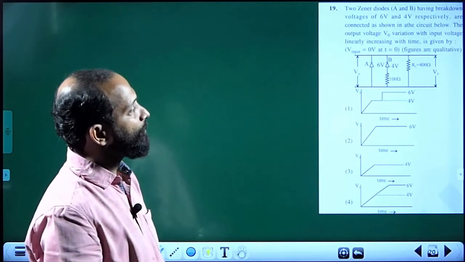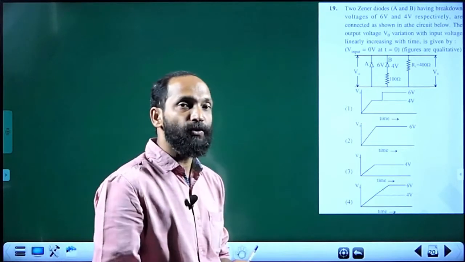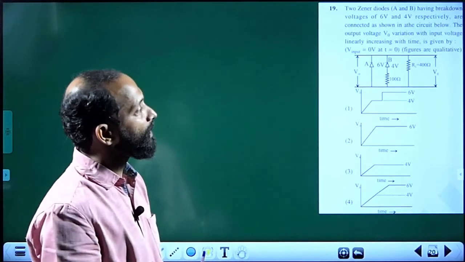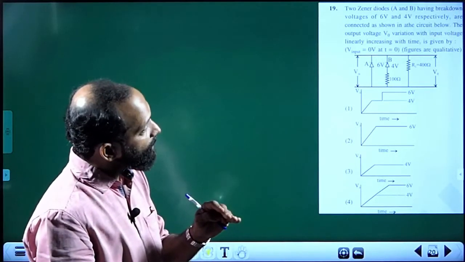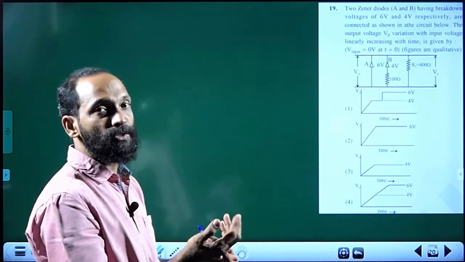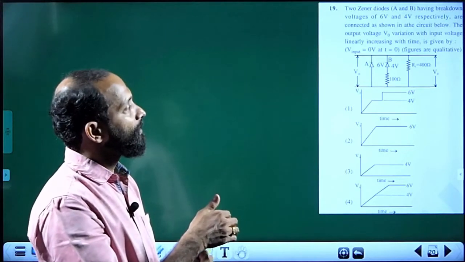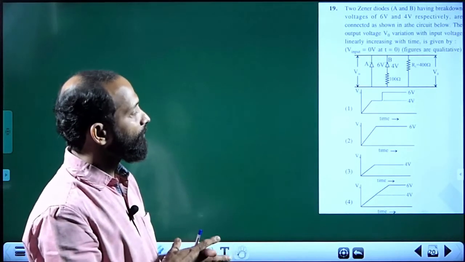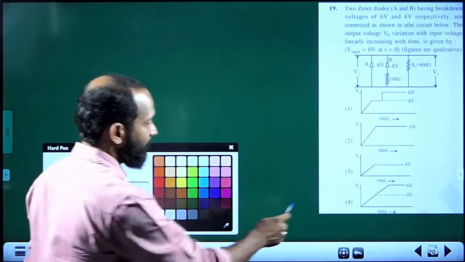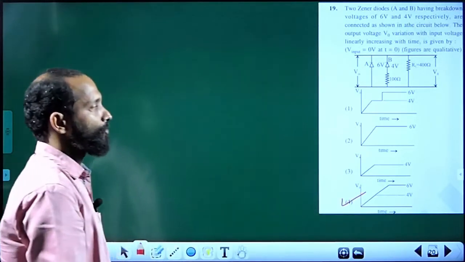What happens when it reaches 4 volt? When it reaches 4 volt, the 4 volt diode undergoes breakdown, but not the 6 volt. But when the voltage further increases to 6 volt, it undergoes breakdown and it regulates. So, the constant voltage is only available at 6 volt. That is why the correct answer is the fourth option.